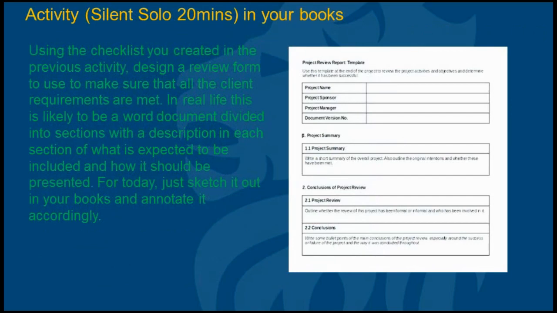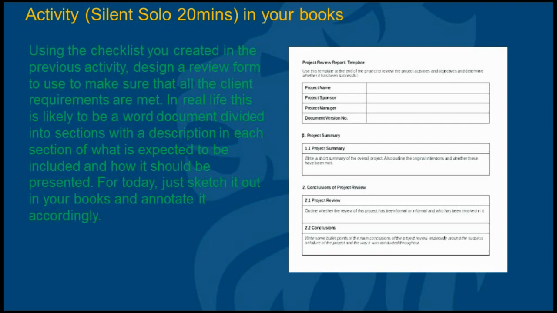Your final exercise is to actually use the checklist that you created in that previous activity to design a review form. Now we don't have review forms as such, but there's no reason why you can't do this, just to really create in your own mind what it is that you're trying to do. In real life we do use these, and it's likely to be a Word document divided into sections, as you can see, with a description of what should be put in each section.